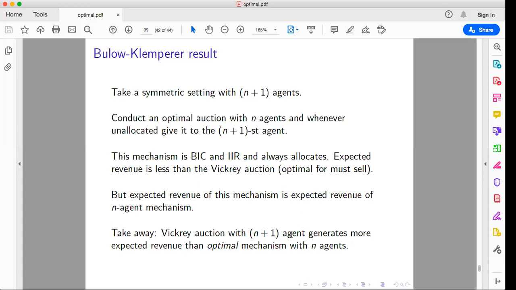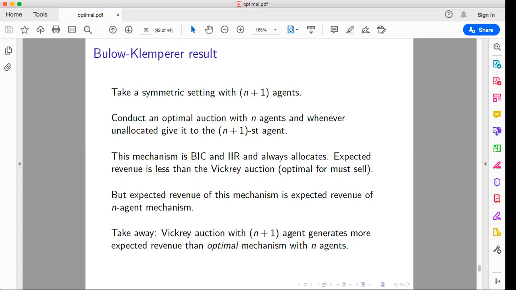So Bulow and Klemperer basically tell the story that we have n agents and potentially the seller has the option of going to the market and convincing some more bidders to come in. One possibility is that he just conducts an n agent optimal mechanism, which is a Vickrey auction with a reserve price.